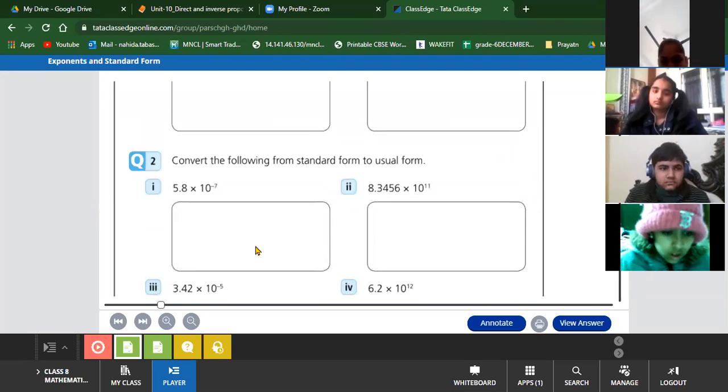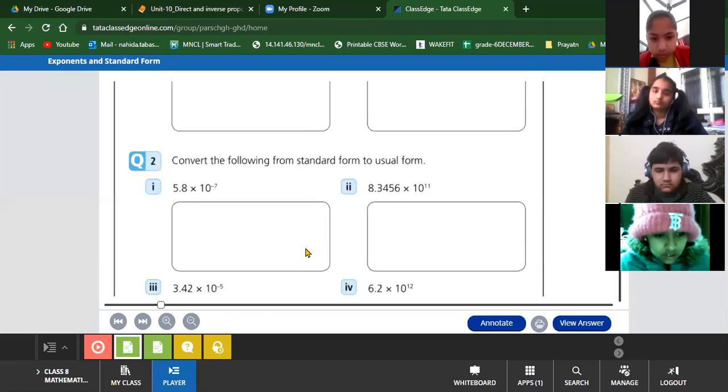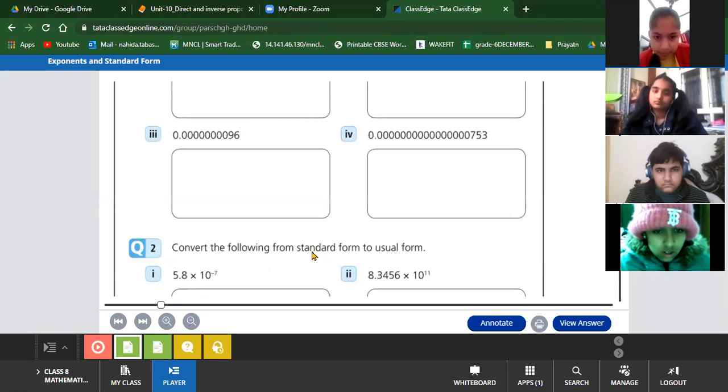Convert the following from standard form to the usual form. Can you show the fourth part of question number 1? Okay, to show the fourth part. I am in question number 1, first part.